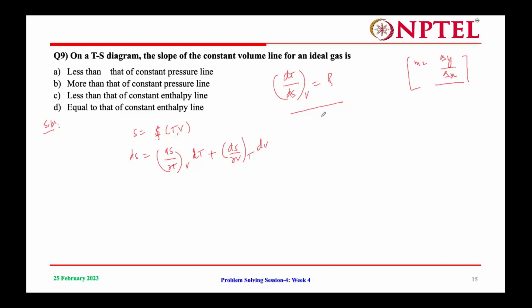We know the internal energy relationship: dU = TdS minus PdV.